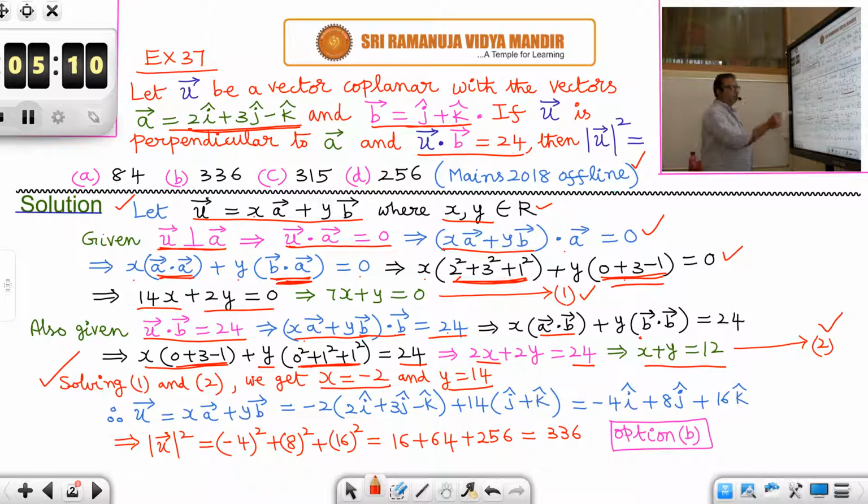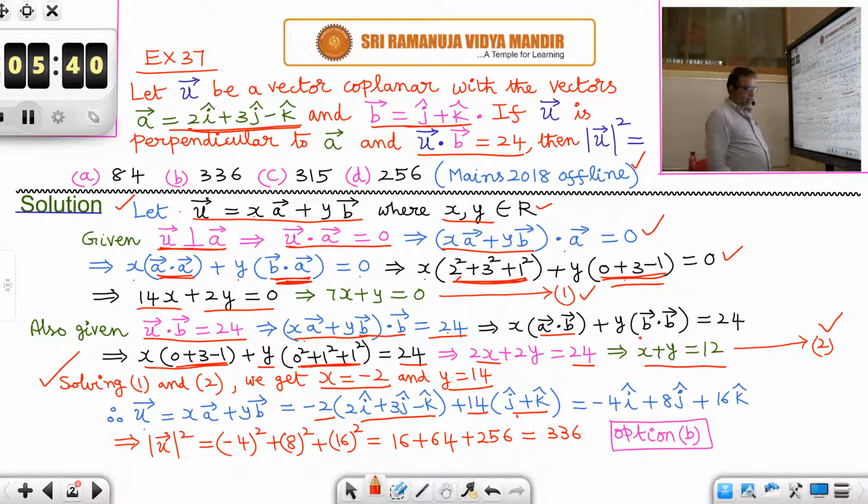Then u bar you can easily get. So u bar is equal to x a bar plus y b bar. x is minus 2, y is plus 14, and a bar that is given in the problem 2i plus 3j minus k, b bar also given in the problem j plus k. Now expanding and simplifying you get minus 4i, here i is not there.